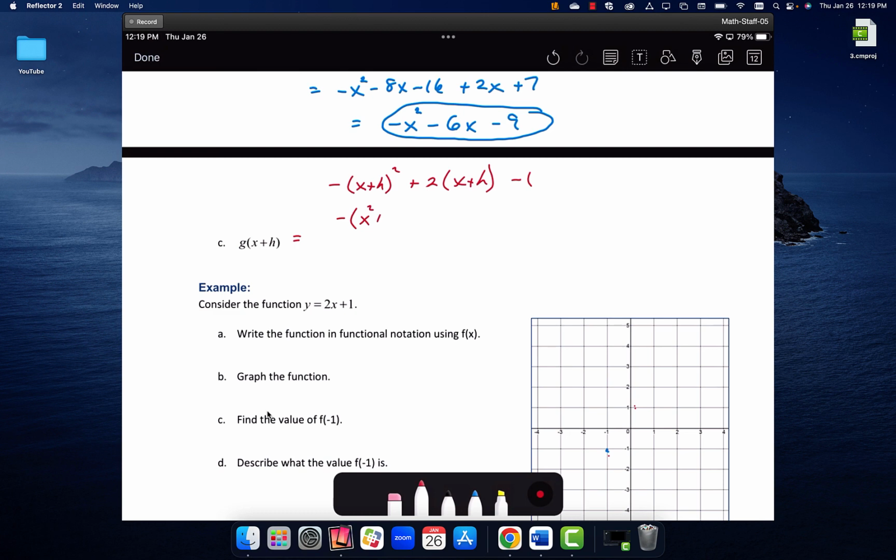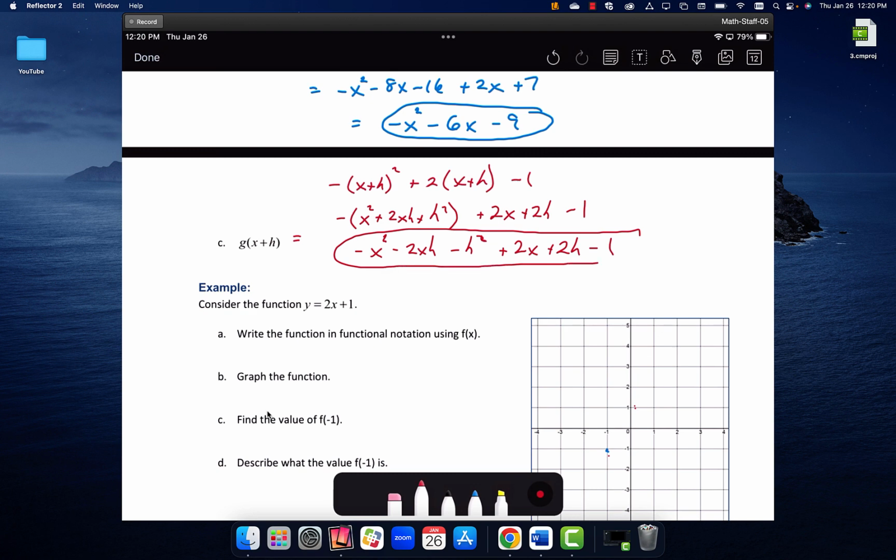Square the first, double the product, square the last, distribute the 2, bring down the 1, distribute the negative sign, and then we need to see if there's anything we can combine. It looks like there are no like terms, so we are done.